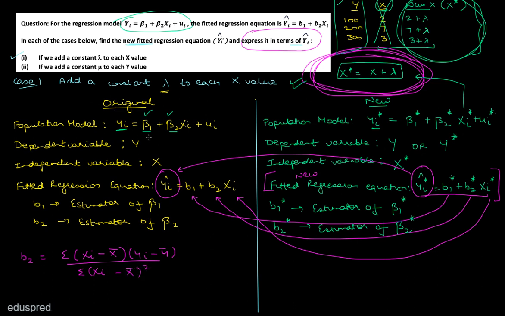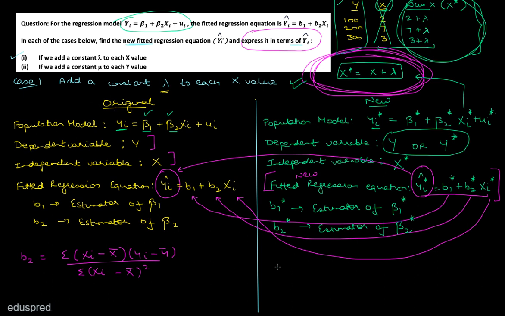In this case, your dependent variable is y, your independent variable is x, so the formula to find b2 is this. On the other hand, in the new regression model, the dependent variable is y or y star. It does not matter what you write over here, it will not make a difference. And the independent variable is x star. You cannot write x over here because x star and x are two different things now.